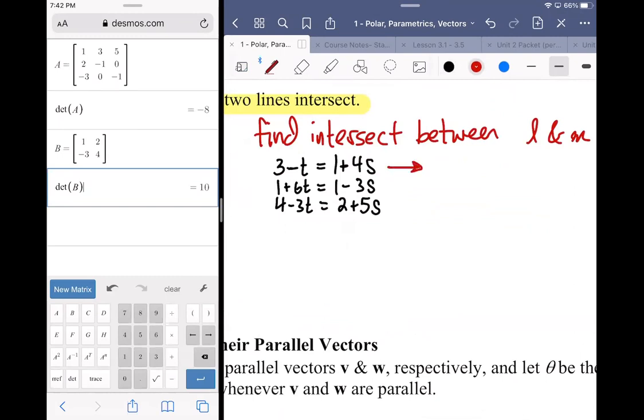All right. So this is going to be 4s plus t is going to be equal to 2.